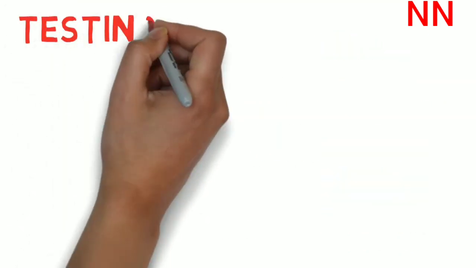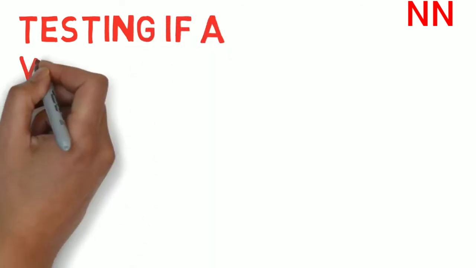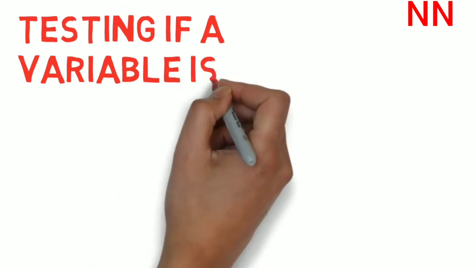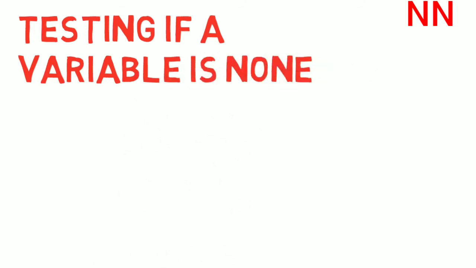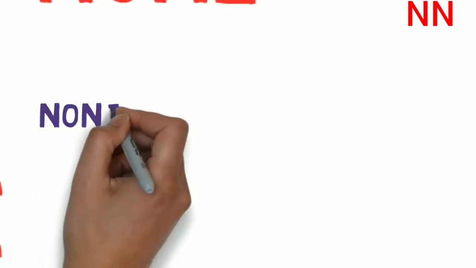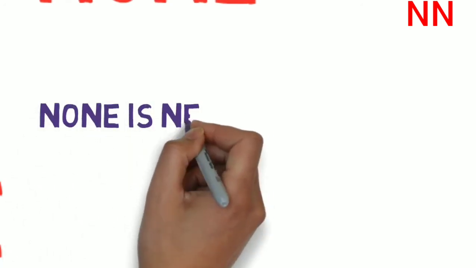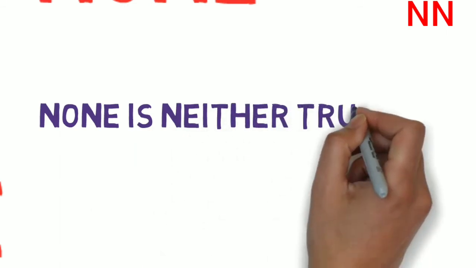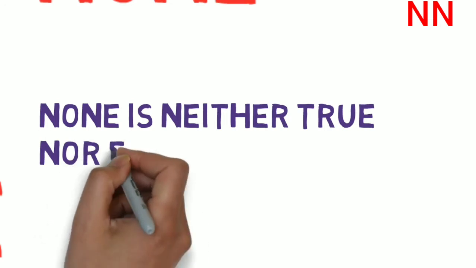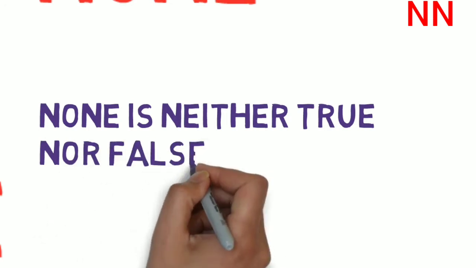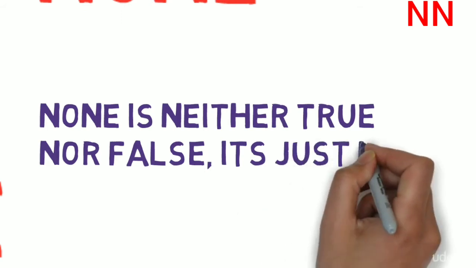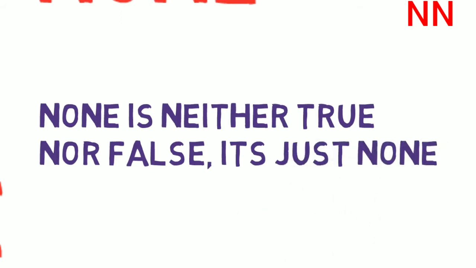So you can test if a variable is none. Say for example, if you want to do something only if a particular variable exists or has some value, and then execute some code. None is neither true nor false. It's just none.